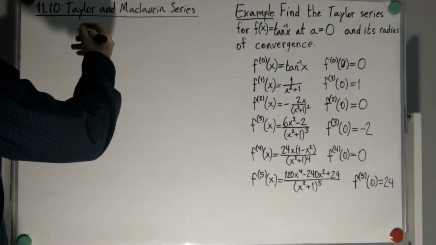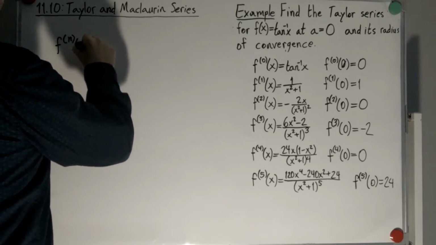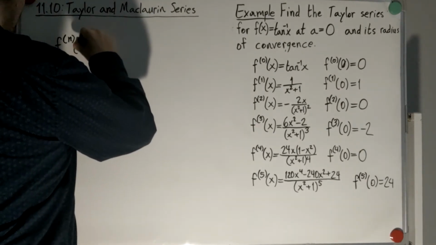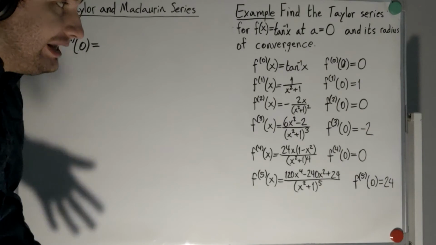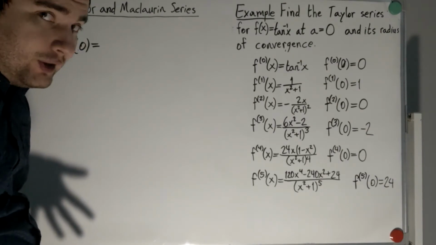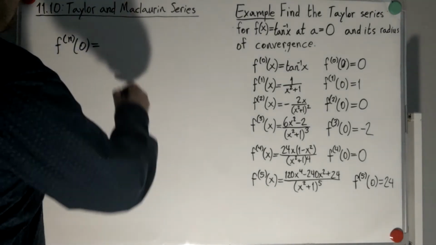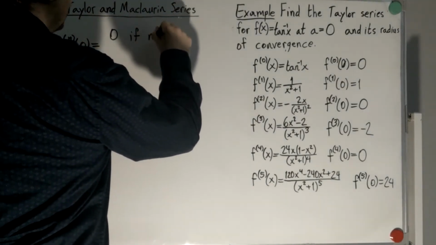So, can we at least agree that the nth derivative evaluated at 0, if n is even, is always going to be 0, right? Okay? So definitely it's always 0 if n is even.